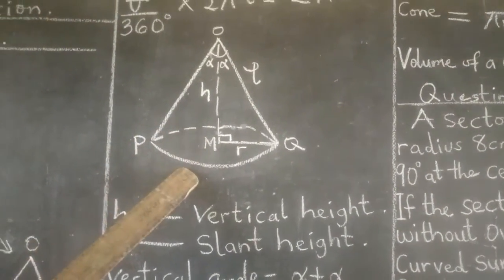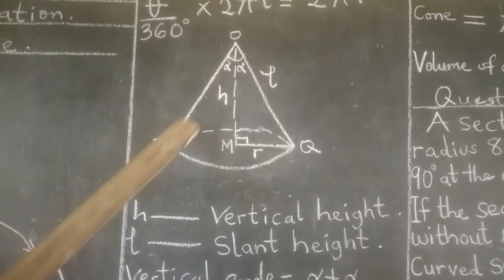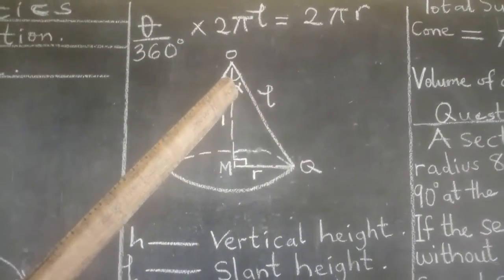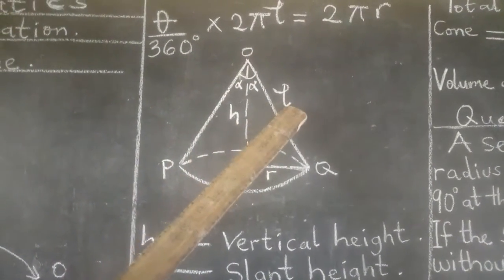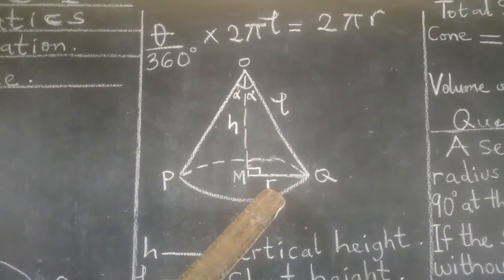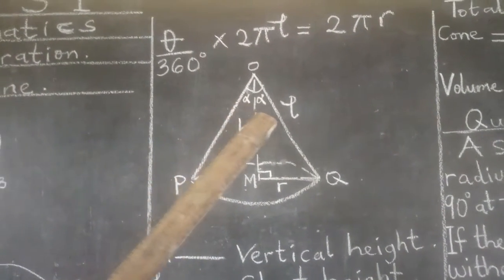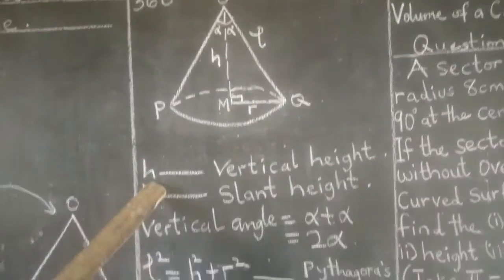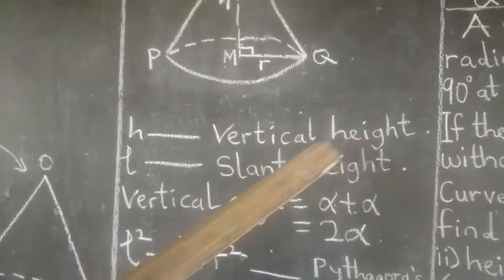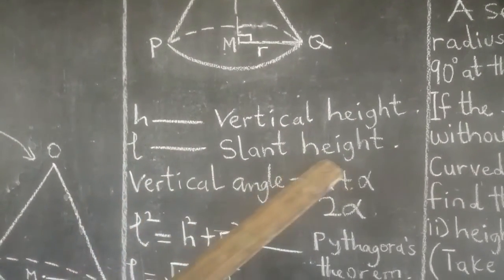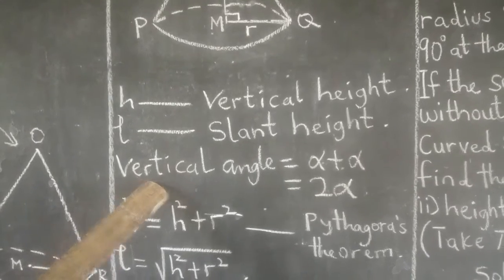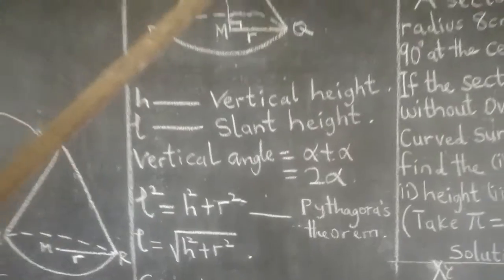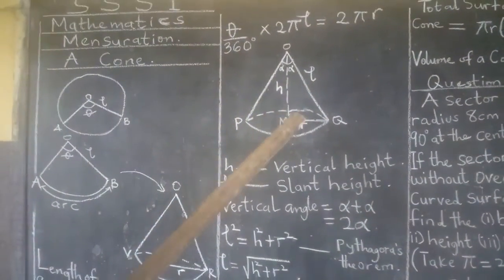A is the vertex of the cone, the base of the cone is a circle, the vertical height is H, the slant height is L, the radius of the base is R, and the vertical angle is alpha plus alpha, which equals 2 alpha, as we can see here.